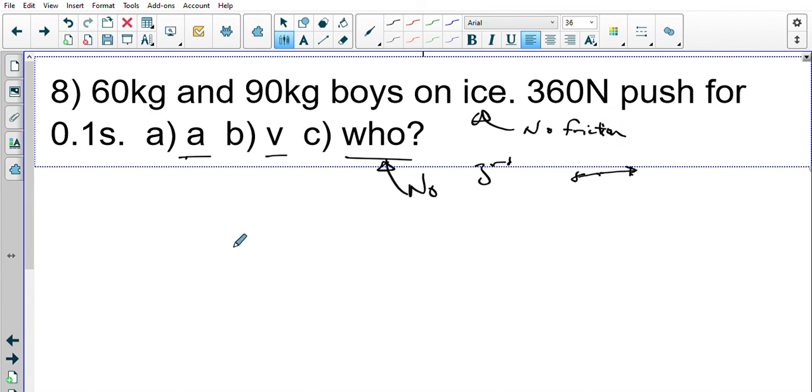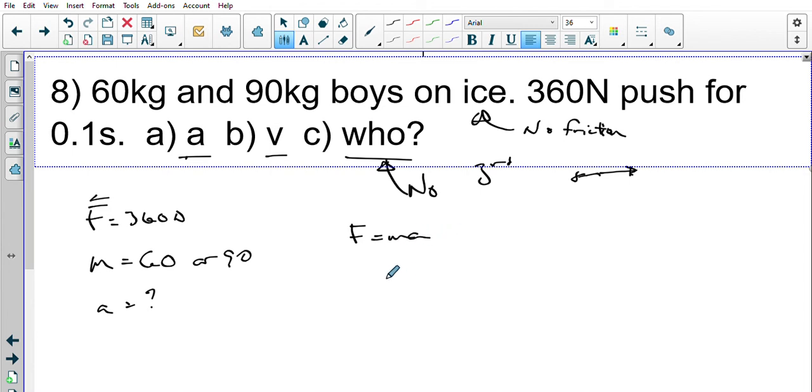All right, so we know that our force is equal to 360 newtons. We know the mass is either 60 or 90, and we want to know what the accelerations are. F is equal to ma. So 360 newtons is equal to our mass, let's take our 60 kilogram boy, times acceleration.